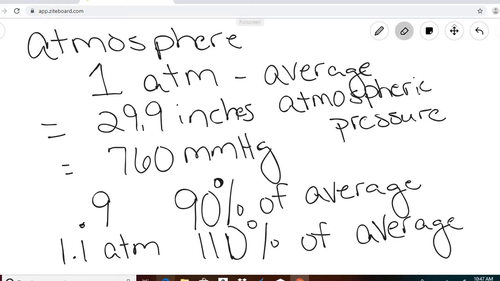Okay, let's go ahead and look at a couple of On Your Owns in your book. So let's look at On Your Own 3.1. That one says, in general, should atmospheric pressure increase or decrease as altitude increases?